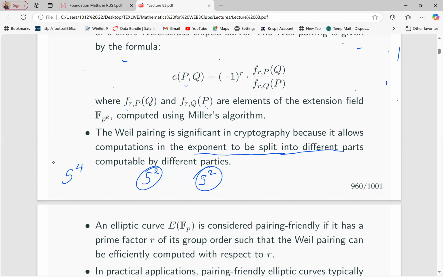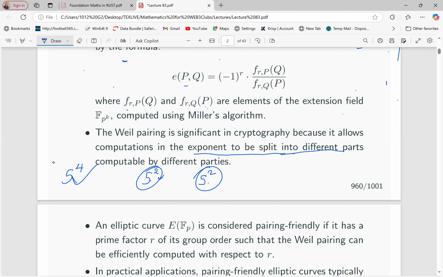So for instance, if I wanted this computation, and I know it will take me long, it's easier for me to first of all split, and I have 5 raised to 2, 5 raised to 2. Somebody else can do the 25 for me, and another person could do the other 25. Then I will just merge the 2 results as 25 times 25 and get 625.